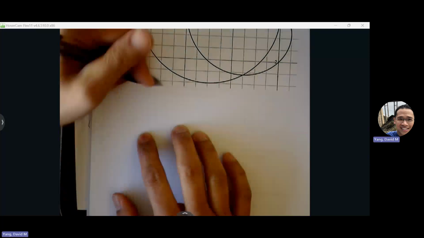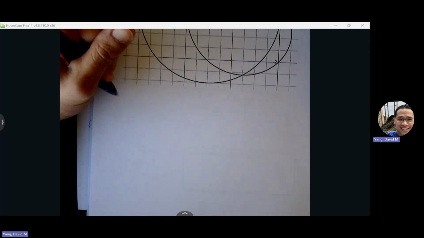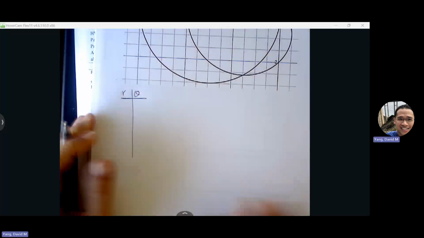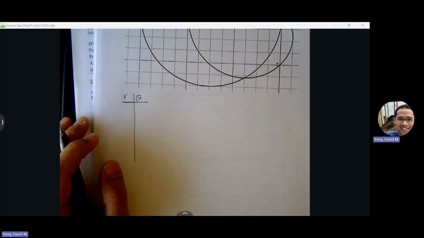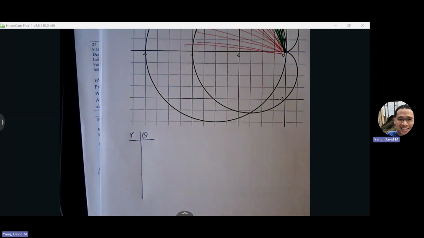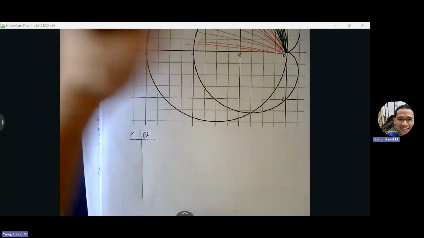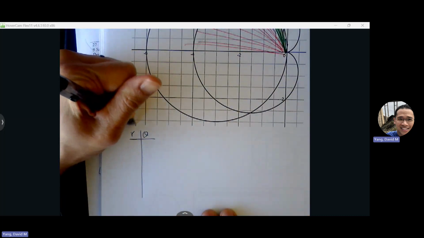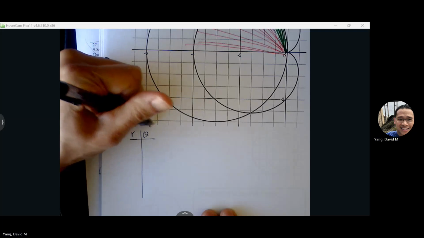So I think it's to our benefit to create a table of values for each graph so that we know where our graph starts and have an idea how it's moving. If we start off with, let's say, the circle, for instance, the circle is r equals -6 cosine theta.